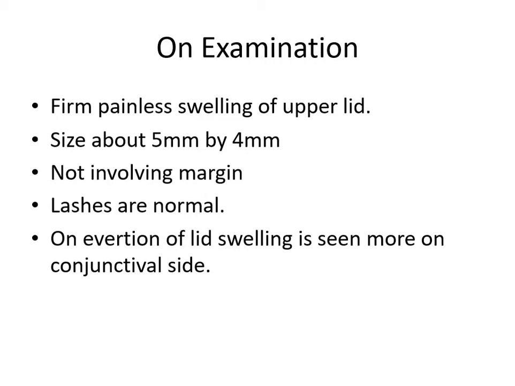And while taking the lid anatomy and lid inflammation, I told you the lid has two lamellae, anterior lamella and posterior lamella. The anterior lamella consists of skin, orbicularis oculi and lashes, whereas the posterior lamella consists of tarsoconjunctiva and meibomian glands. So the chalazion, the case which we are discussing, is a pathology of the posterior lamella of the lid.